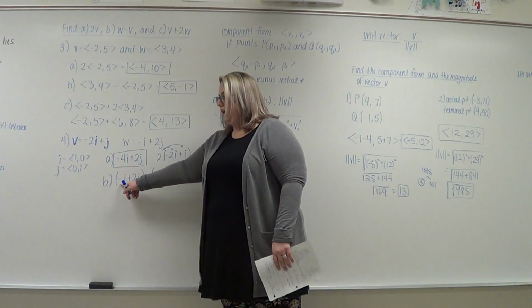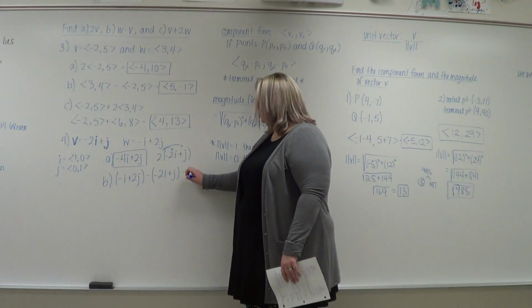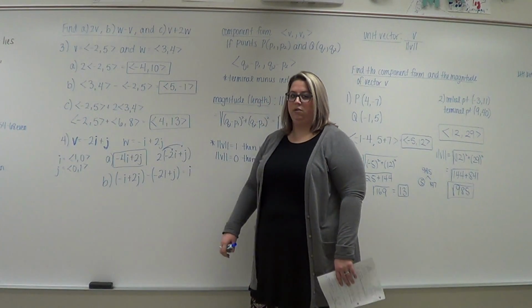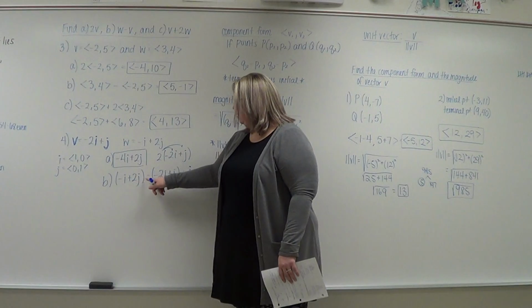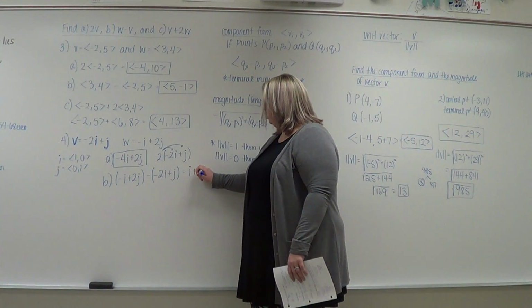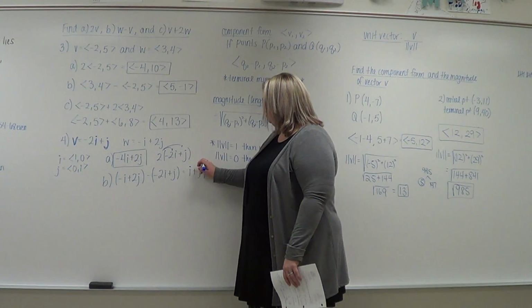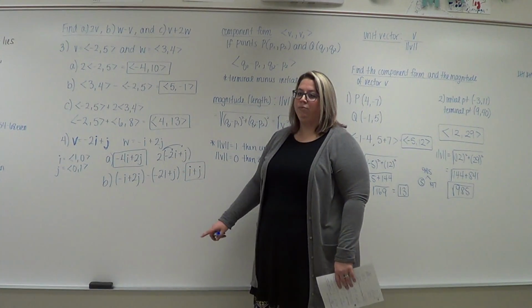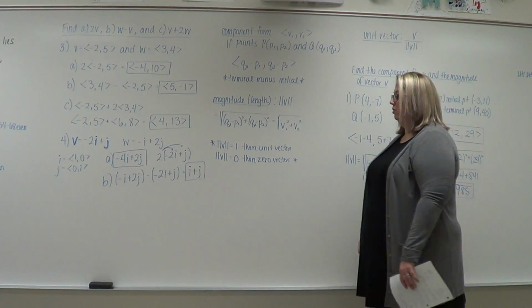So negative i minus negative 2i would be positive 1i. 2j minus 1j is j. Do you see any brackets around them? No. It's not component form, it's a different kind of form.